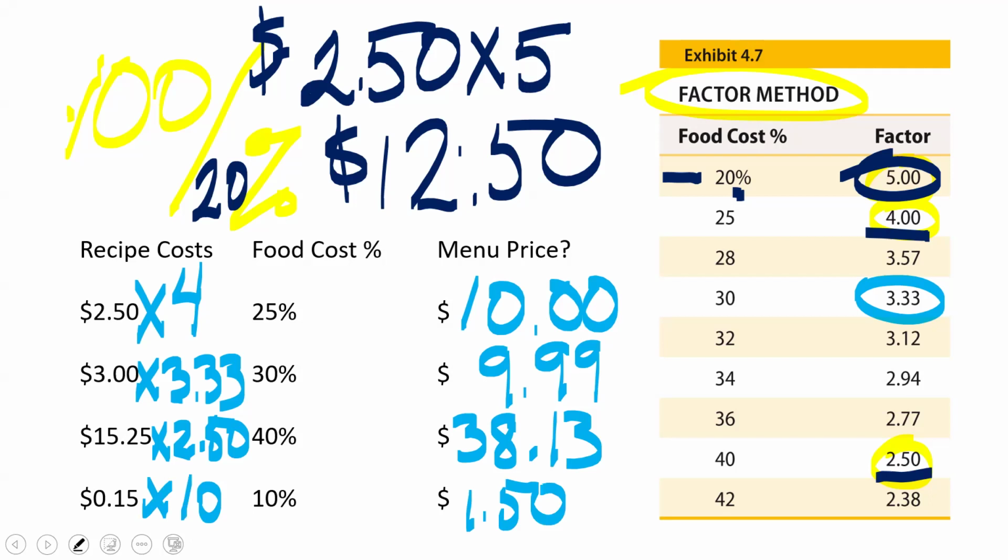Number 2, letter B, is the food cost percentage method, okay? I feel like there is a question for that one. Oh yeah, number 3.